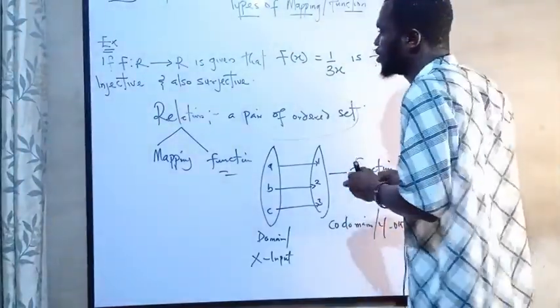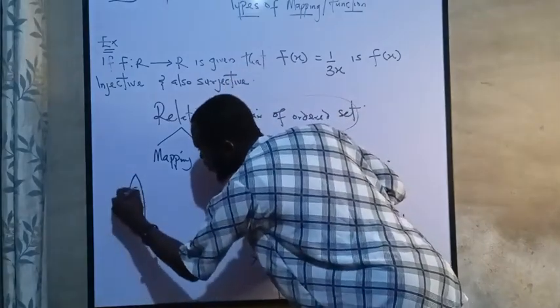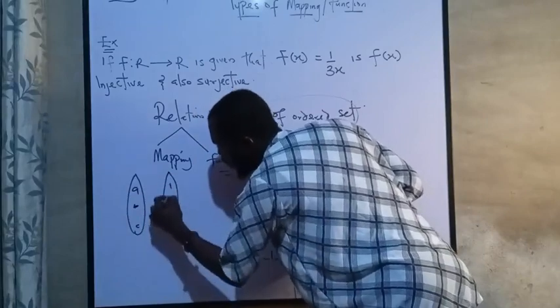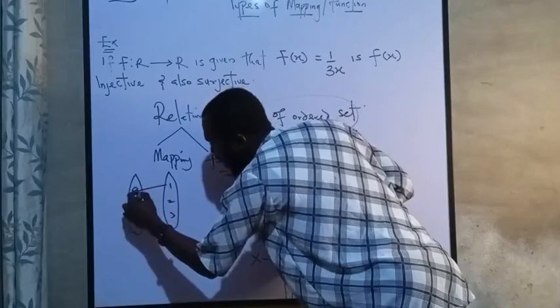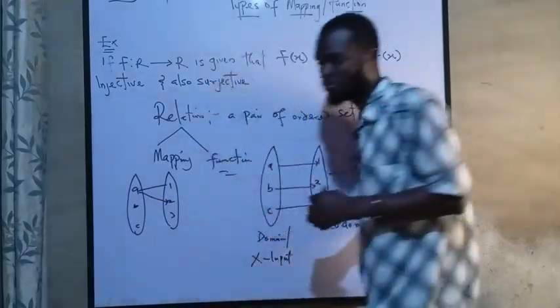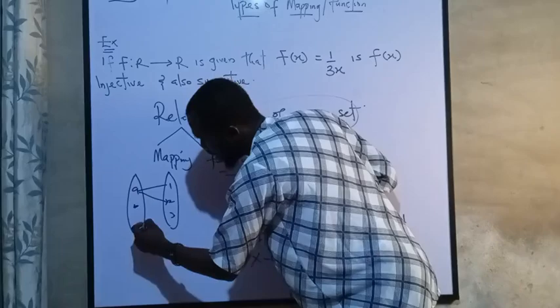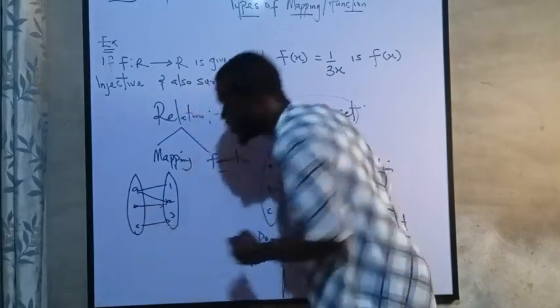What do I mean by that? This is what I mean. Suppose I have A, B, and C, and we have 1, 2, 3. A is pairing to this, and A is also pairing to this. Maybe B is pairing like this, and C also pairing to this.